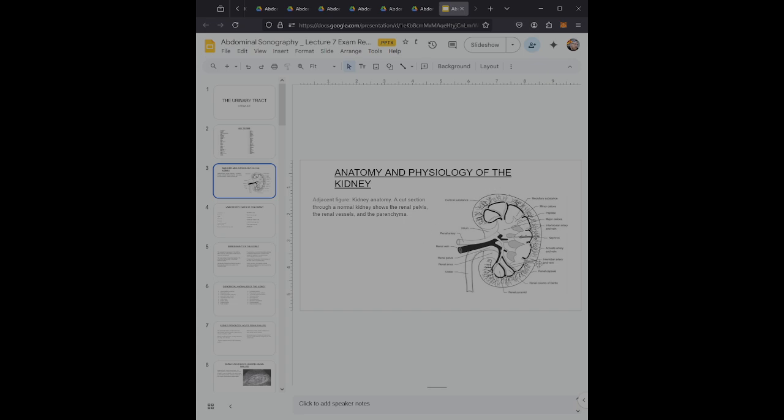Adult kidneys are bean-shaped, and they are retroperitoneal in location. The left kidney is generally higher than the right because of the size of the liver, and the liver occupies most of the right upper quadrant of the abdomen, and this pushes the right kidney lower.